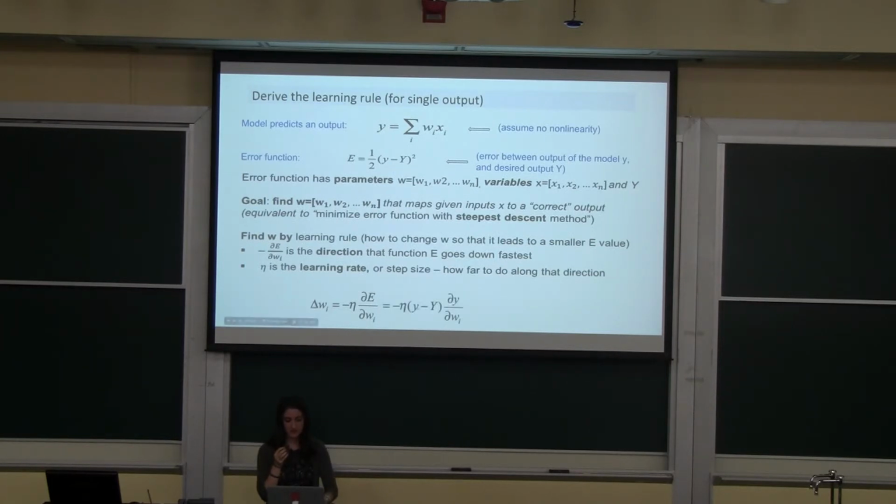When you plug in for the partial derivative, you take it using the equation for the error. If you take the derivative of this with respect to y, and then multiply it by the derivative of y with respect to w, you get the chain rule, dy dw, and you can calculate the final equation for the change in weights by substituting in for dy dw.